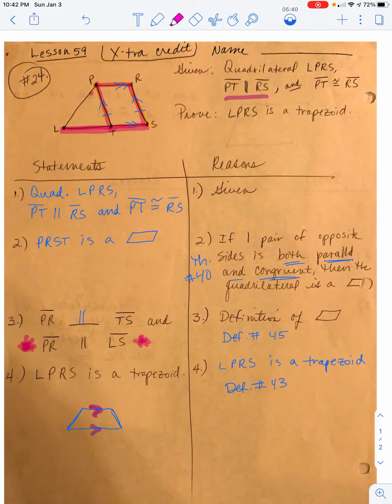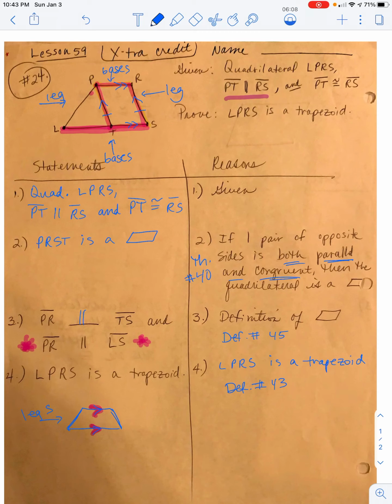Those that are marked parallel are called the bases, and the non-parallel sides are called legs. So these right here are your legs, and in this case up top, this is a leg and this is a leg. The parallel sides are both called bases. That's all part of definition 43.